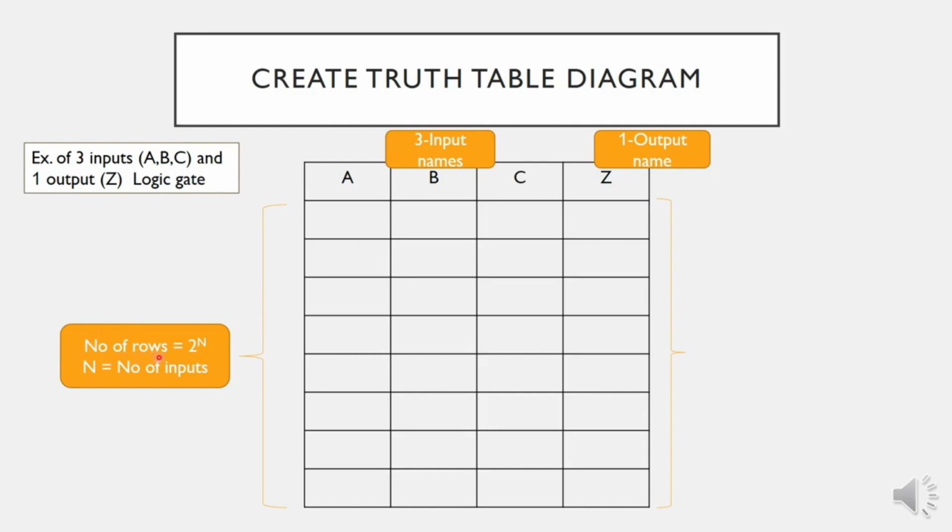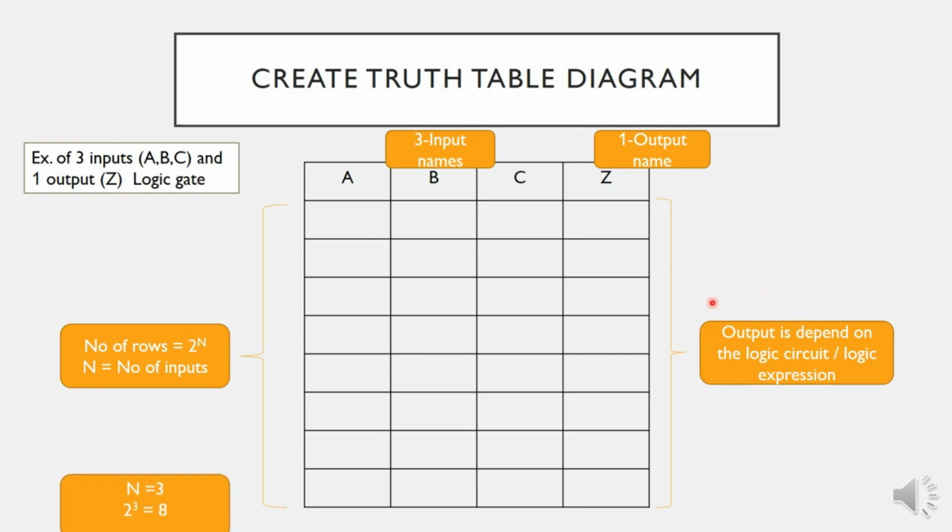The number of input combinations, or the number of rows, is 2 to the power of n, where n is the number of inputs. In this example, we have 3 inputs, so the combination will be 2 to the power of 3, which is 8 combinations. The output will depend on our logic circuit or logic expression.